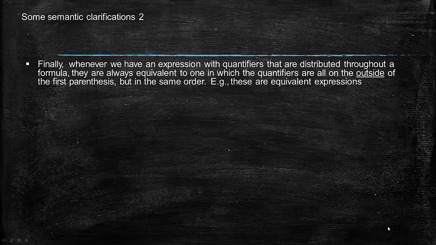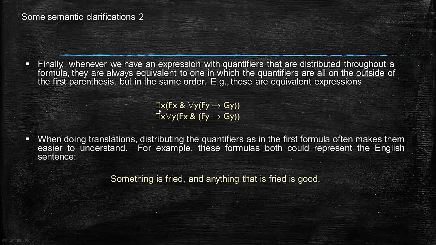And then finally, when we have an expression with quantifiers that are distributed throughout a formula, they're always equivalent to one in which the quantifiers are all on the outside of the first parentheses. Now, this is something I've emphasized in class, but let's make sure that we really dial this in. So these are equivalent expressions. You'll notice that the existential is on the outside of the parentheses in both cases here.